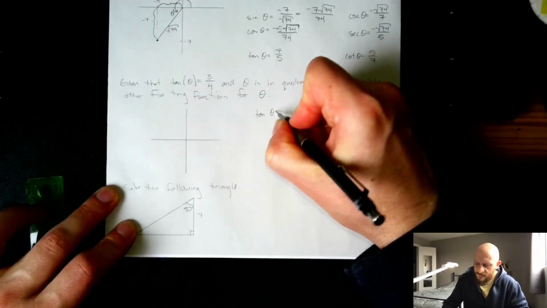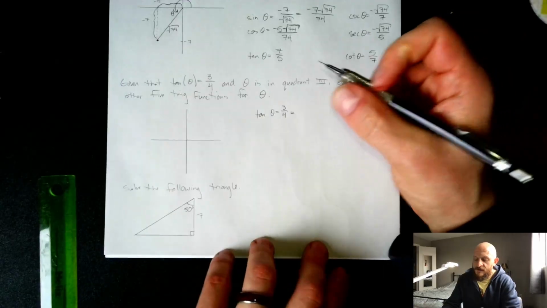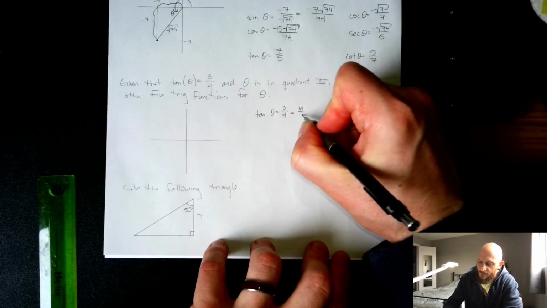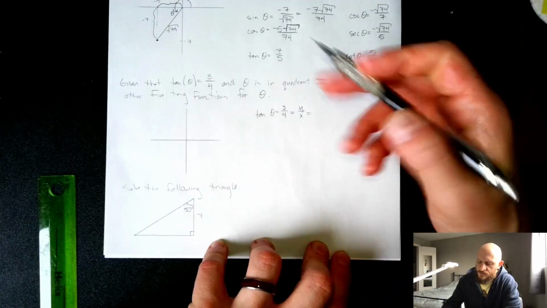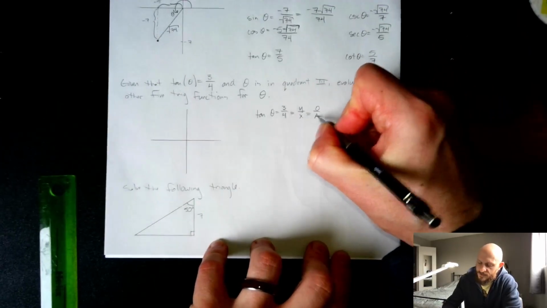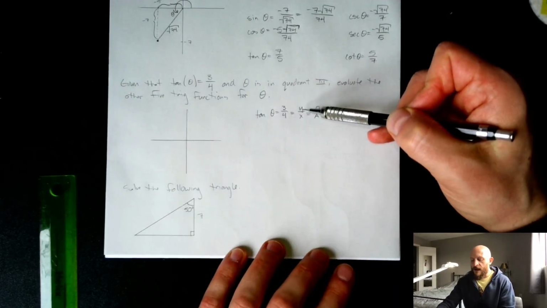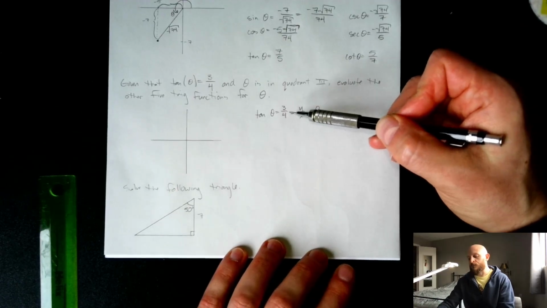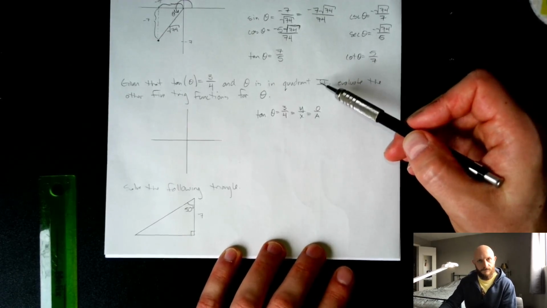And I know that tangent theta is equal to 3 over 4, but tangent theta, in terms of the coordinates on the graph, is equal to y over x, or in terms of a triangle, it's opposite over adjacent. So the y-coordinate here has a length of 3, the x-coordinate has a length of 4, but remember, this is in quadrant 3.